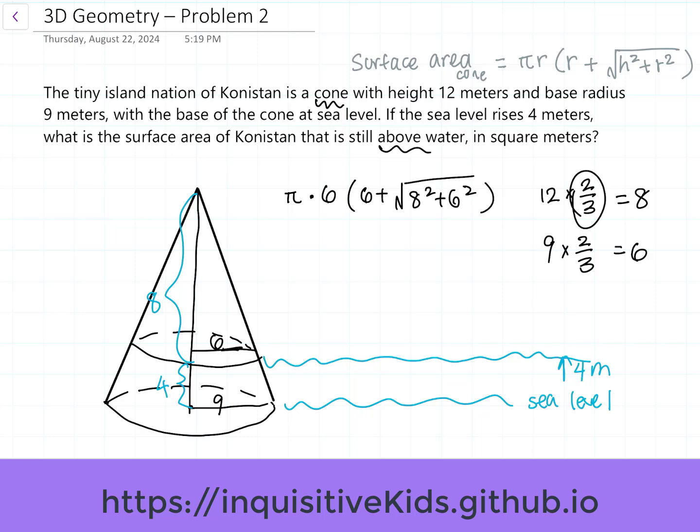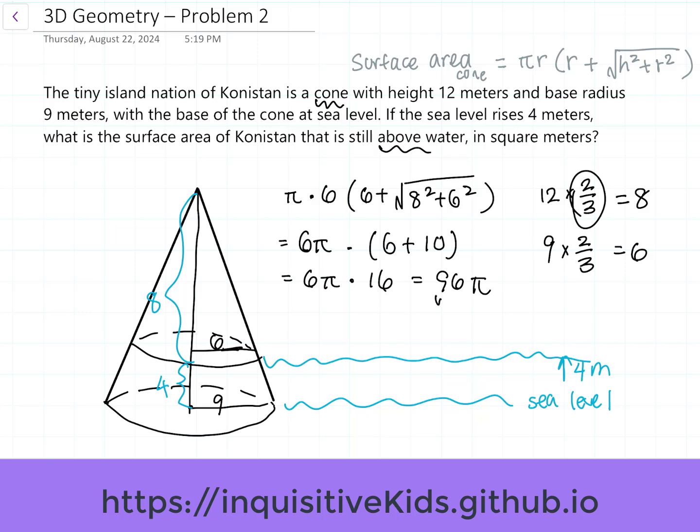So now all we have to do is solve. So we have 6 pi on the outside multiplied by 6 plus, and as you can see, this is basically the Pythagorean theorem. So we know that this is 10. In the end, we have 6 pi times 16, which is 96 pi.